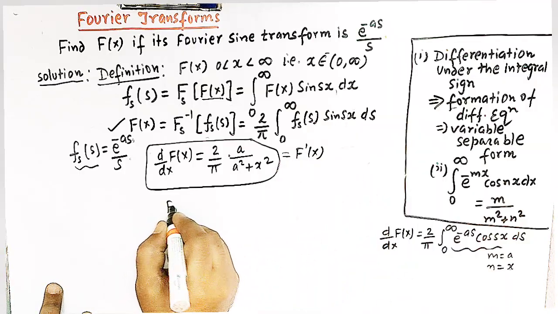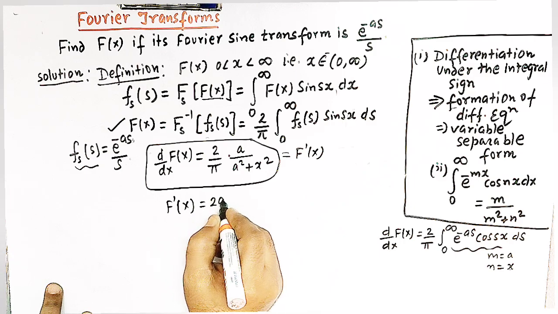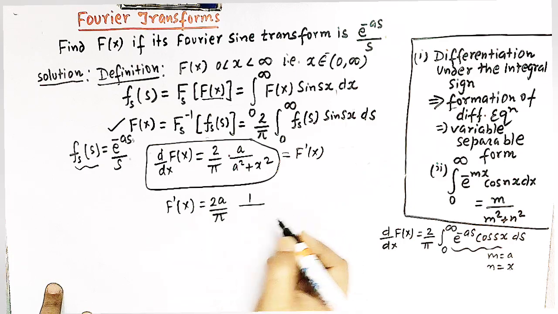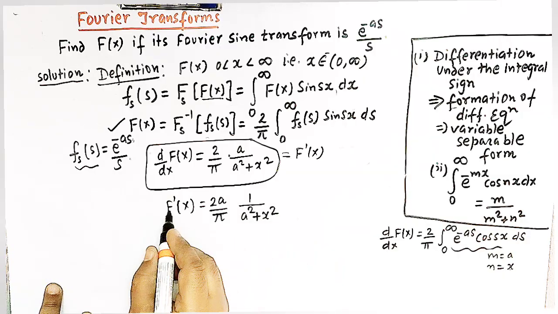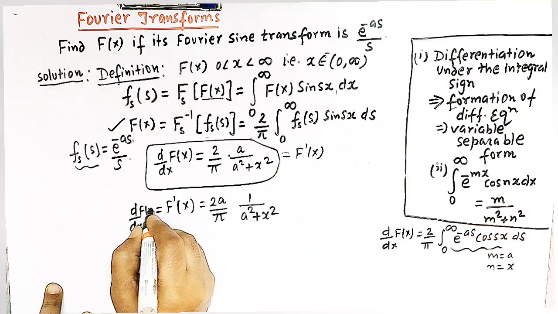So we have f prime of x is equal to 2a over pi, and here we have 1 over a square plus x square. So we have here d by dx of f of x.